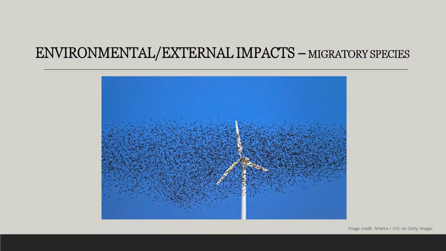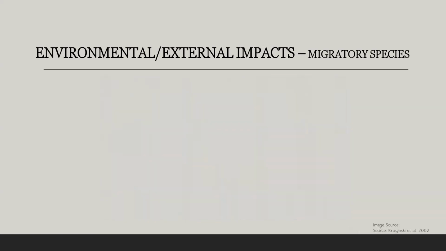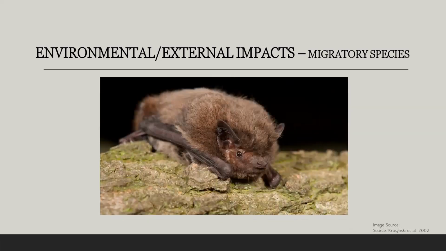Whether it's indirect or direct impacts, birds and bats have been shown to be negatively impacted by wind turbines. There's direct death due to collision with the rotors. And then there's also barotrauma associated with it, which causes internal hemorrhaging, and it results from sudden changes in pressure. There's a lot of documented impacts.